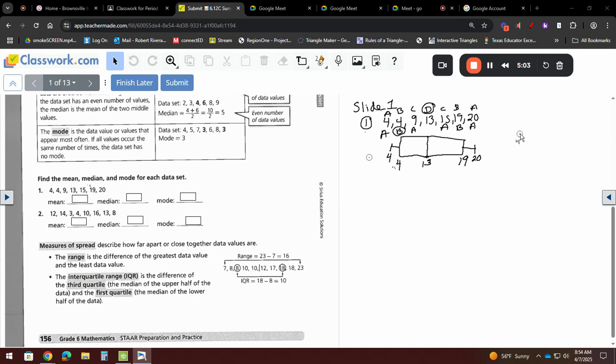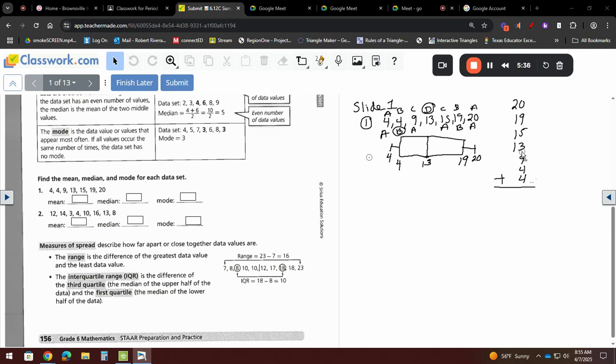So right now we're going to have to go to the side, and I'm going to put them from greatest to least when I'm adding vertically. 18, 19, 15. To get the mean, we have to what? Add them all up and then divide by the quantity. I just like to start adding, guys. 4 plus 4, 8, plus 9, 17, plus 3, 20.